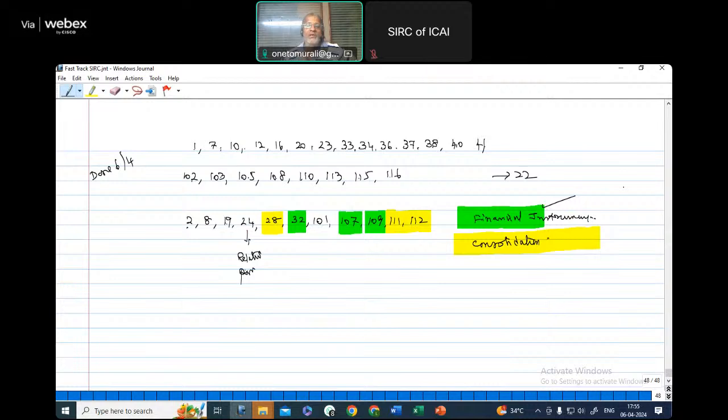Okay. Then consolidation. So class 7 is going to be on 2, 8, 19, 24 and financial instruments. Class 8 will be on financial instruments and consolidation.